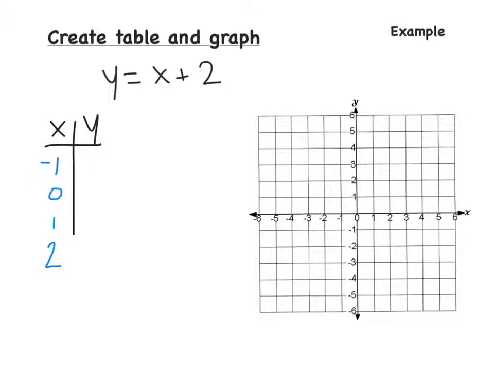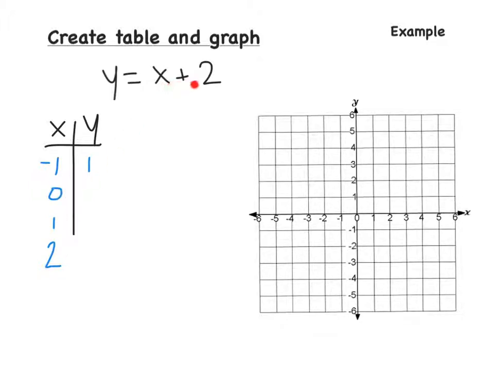Now all I have to do is take this -1 and plug it into x. So let's see here. If we have x plus 2, if it's -1 plus 2, -1 plus 2 is 1. Now we would just do that with the next 3.